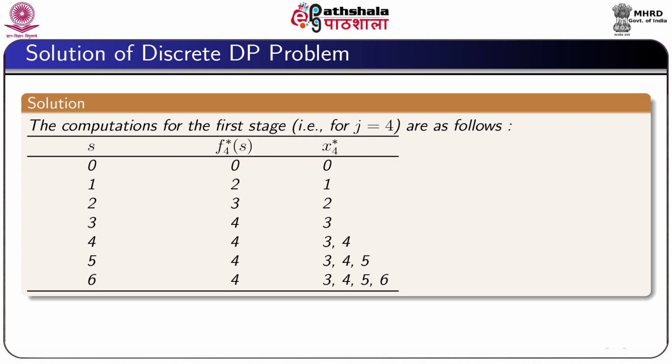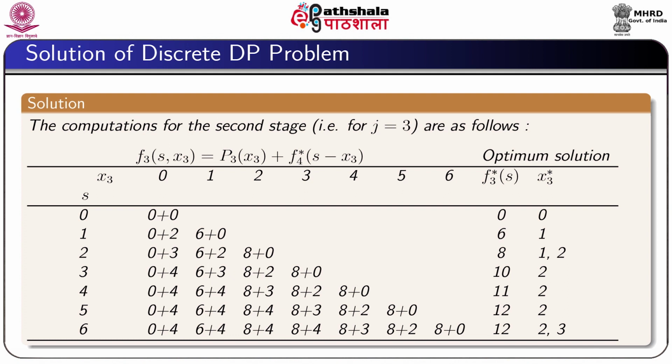If we allocate 3 boxes, then we get the profit 4, as shown in the previous row, and even if we allocate 4 boxes in store 4, then also we get the profit 4. Similarly, for s equal to 5 and 6, we can calculate f 4 star s, the optimal profit. Now, this is the computation for stage 1.